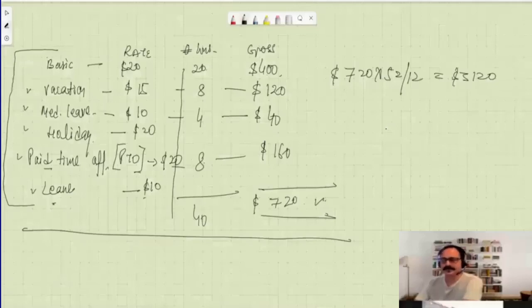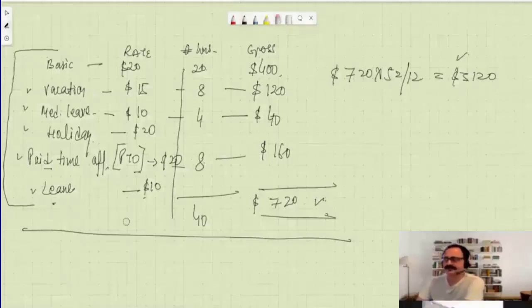Now what I am trying to say here is that these are the components of basics. So whenever they are there, we are going to use that income, and on the basis of this income we are going to calculate our base monthly income. These are the components of your basic or regular income, right?